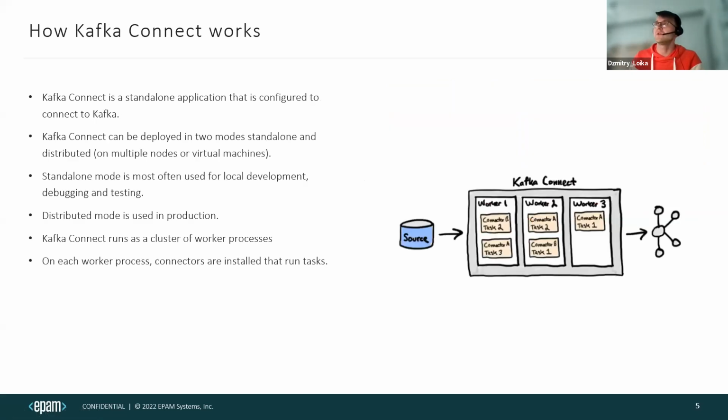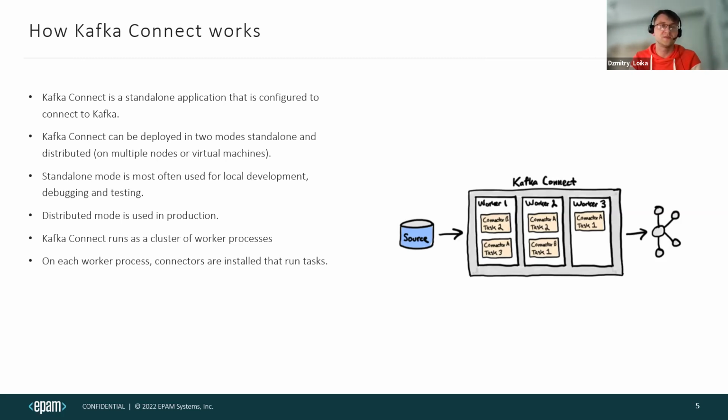How does Kafka Connect work? Kafka Connect is a standalone application that's configured to connect to Kafka. That means we always work with Kafka. Kafka Connect has two deployment modes: standalone and distributed mode, and you can choose what is better for you.